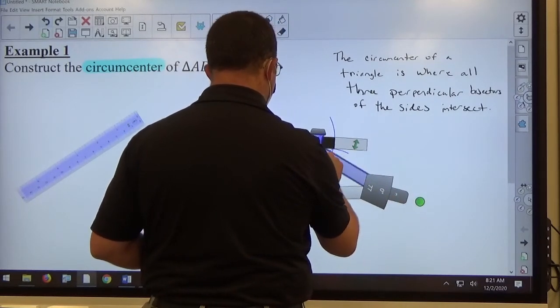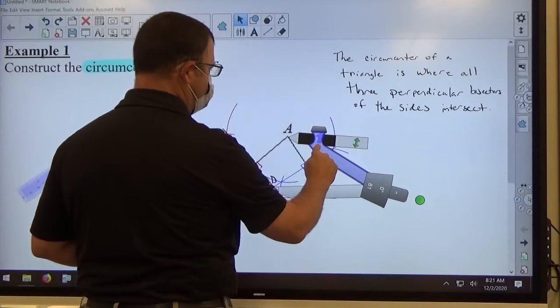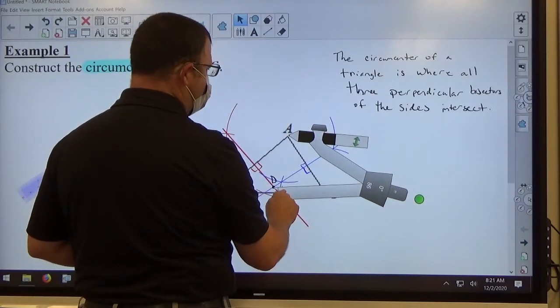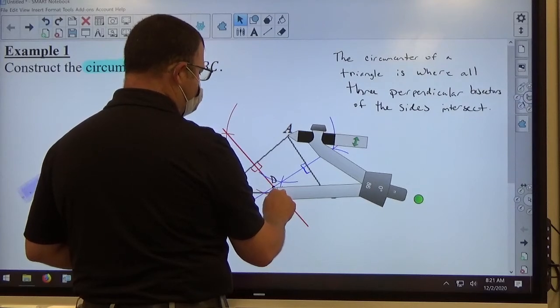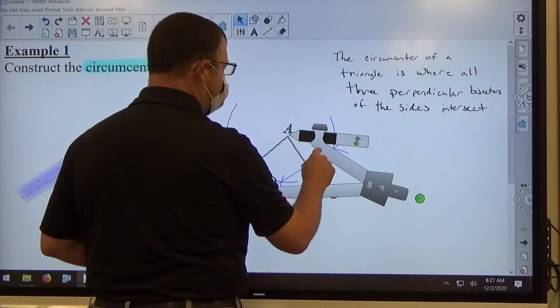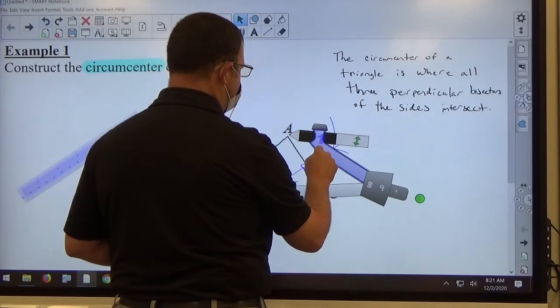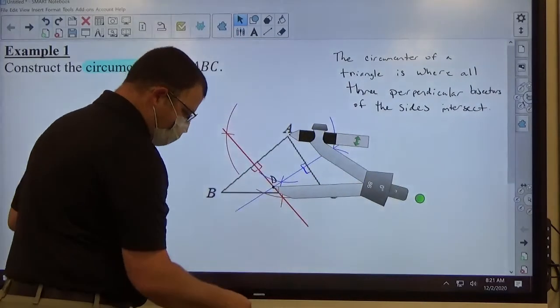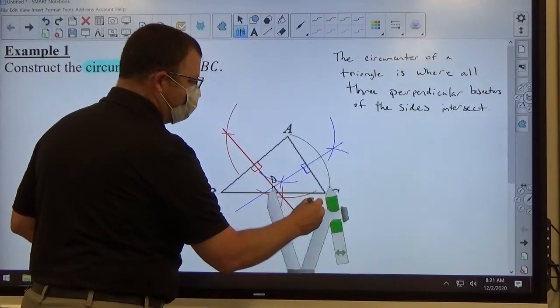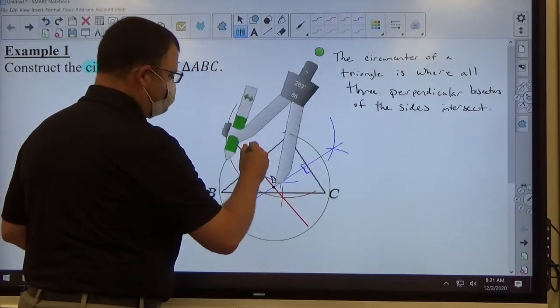Again, my compass isn't perfect here. It jumps pretty big there. We'll go with that and just slide it a little bit. Get as close as you can to one of the three vertices. Then take your pencil or your compass and make a circle, and it should intersect the three vertices.